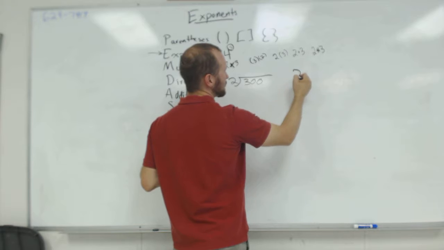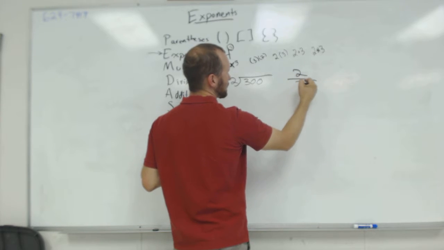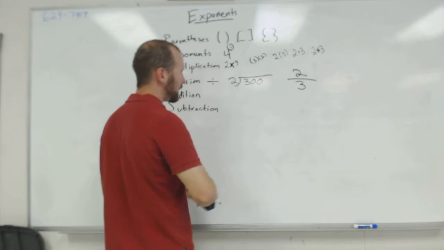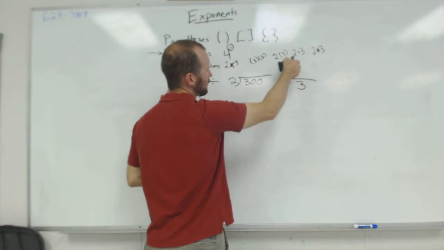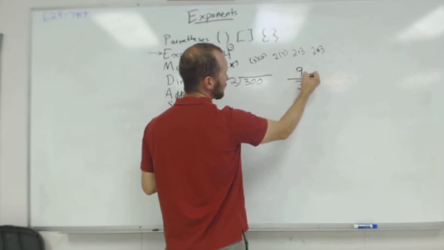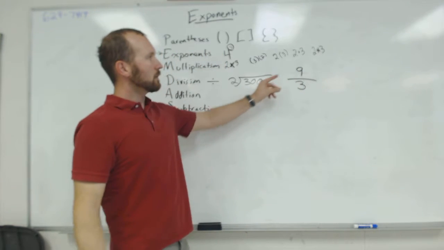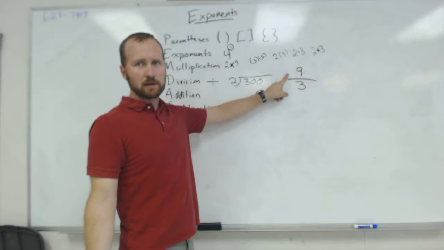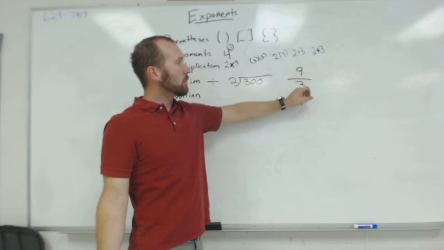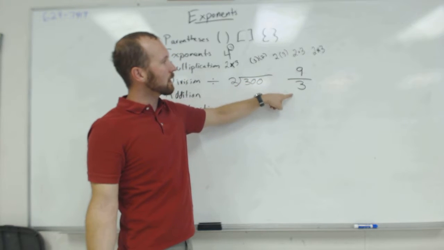I know Gary told you guys this, every fraction is actually a division problem. So I'm not going to use 2 divided by 3 because there's no way to simplify it. But if I had 9 divided by 3, this fraction is the same thing as the number 3. Because this means 9 divided by 3.